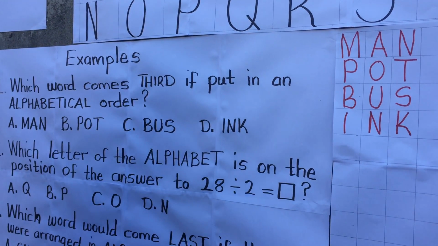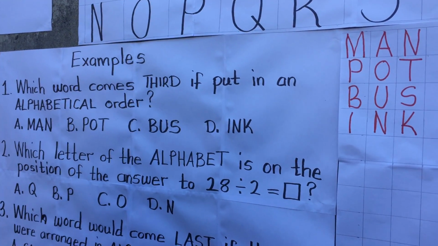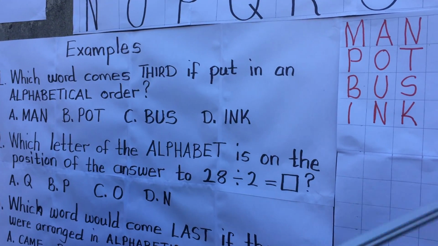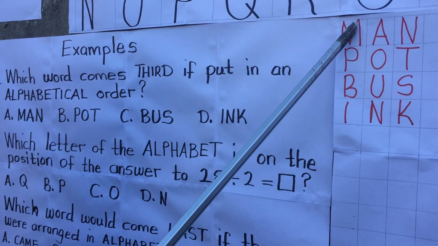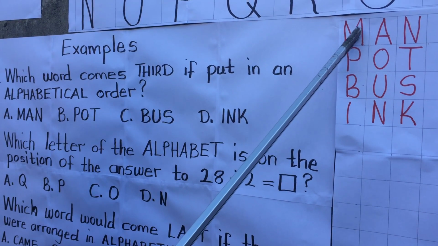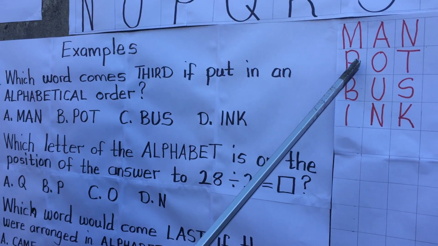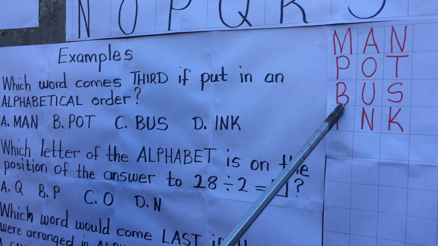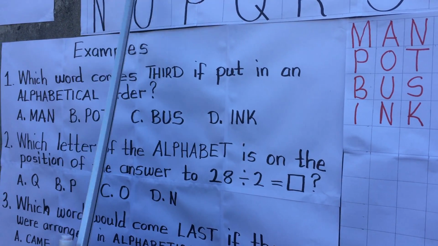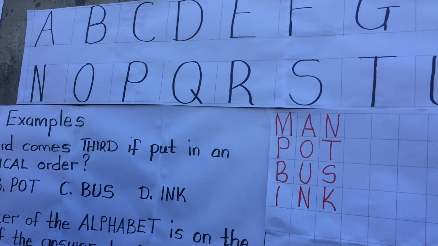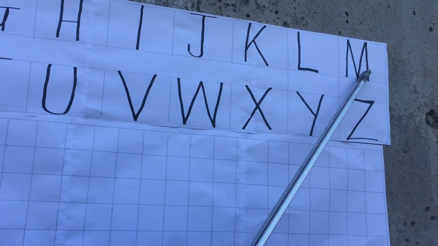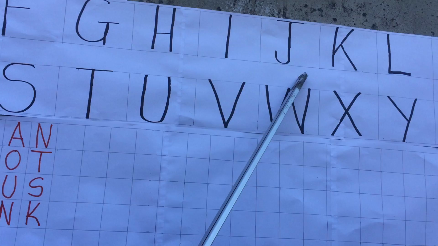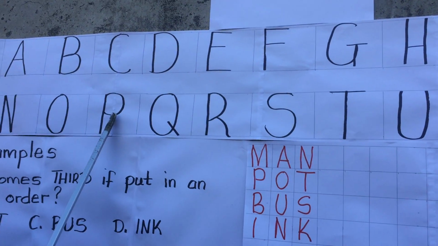Then you check. These are in order, so you check with the first letters. We've got M, we've got P, we've got B, and we've got I. So which one comes first, looking at the alphabet? M is here. Where is P? P is here.